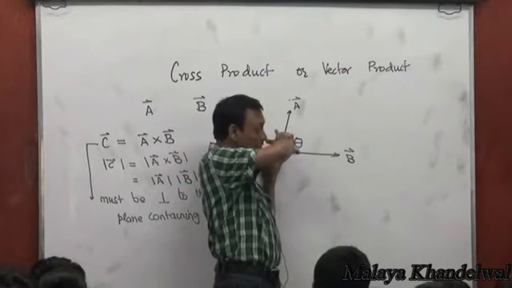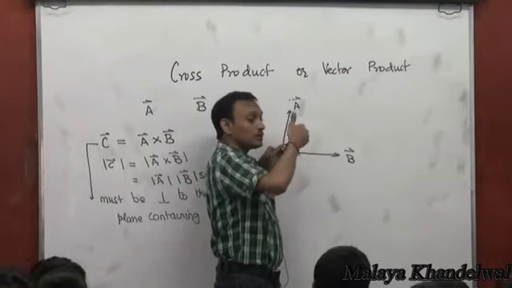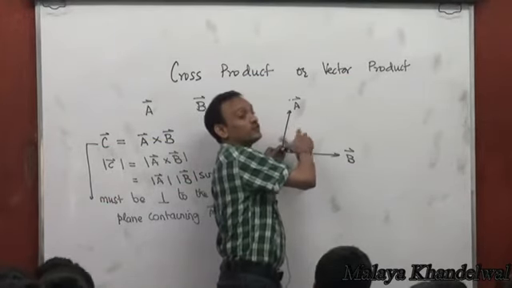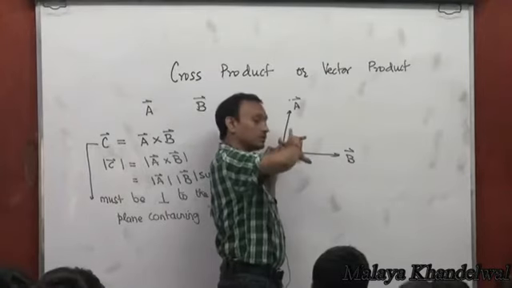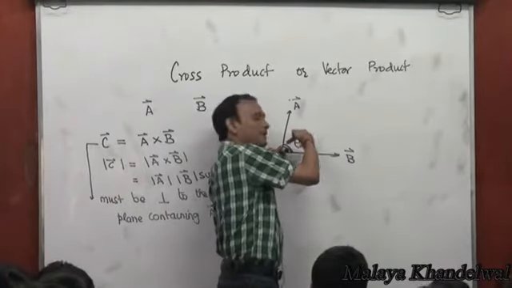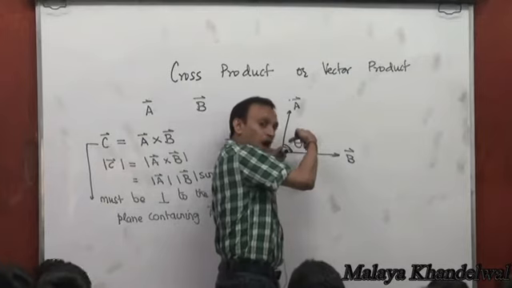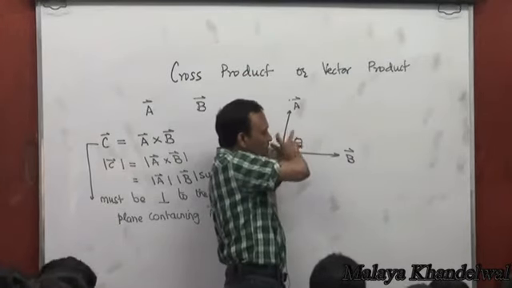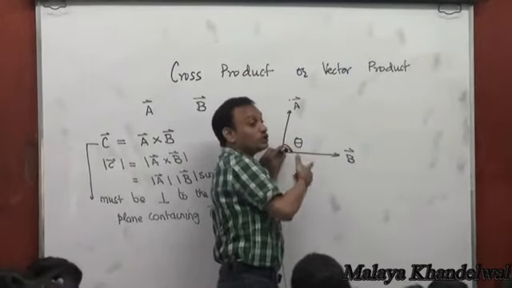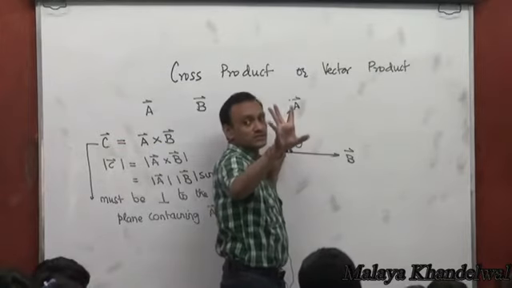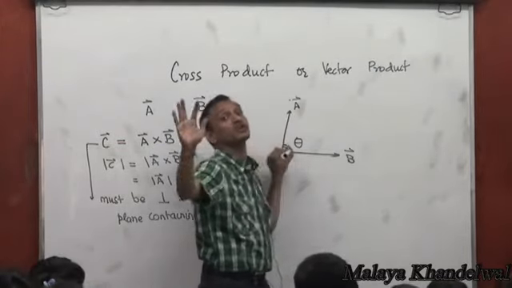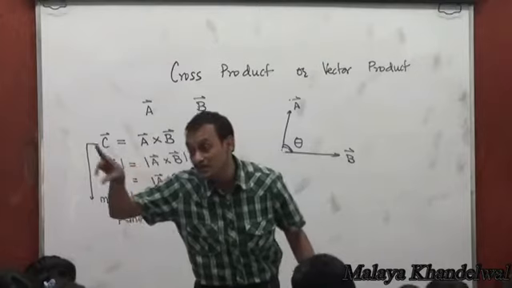If you rotate the screw from A to B, realize that it goes into the plane of the board. It would either be into the plane of the board or out of the plane of the board. If you rotate the screw from A to B, the direction in which the screw advances will give me the direction of the vector.